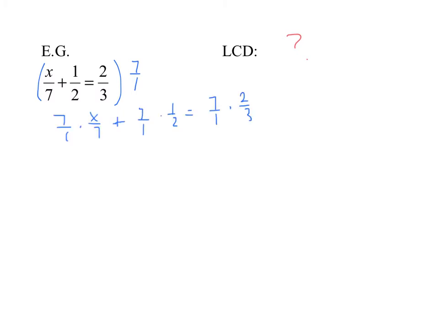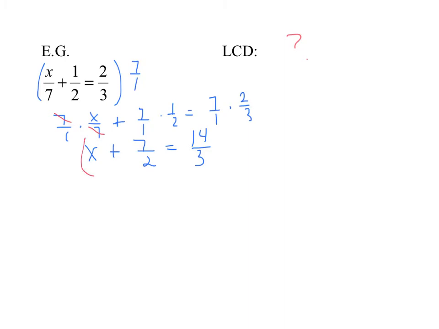So I distribute the 7 to each value, and then I cancel this 7, and then cancel anything else I can, but I can't because 2 will not cancel, 3 will not cancel, so I really will only get rid of the first denominator. That result will give me x plus 7 halves equals 14 thirds.